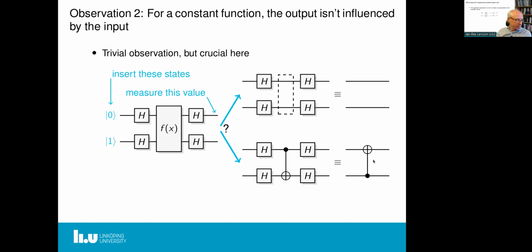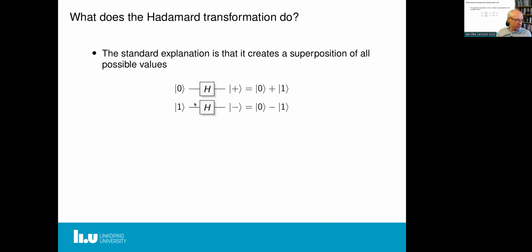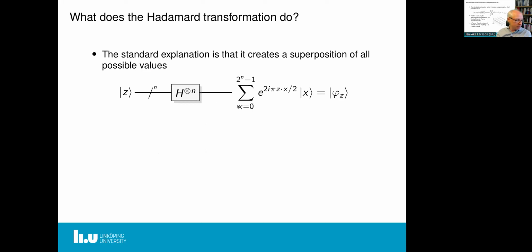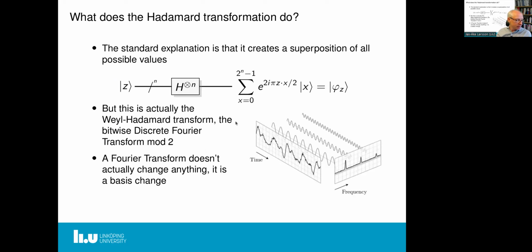So the standard explanation might be better talked about as shifting information that is in the computational basis to something that contains information in a different basis, the phase basis. The Hadamard transform is really the bitwise discrete Fourier transform mod 2.